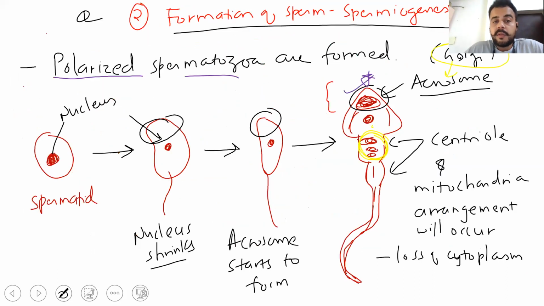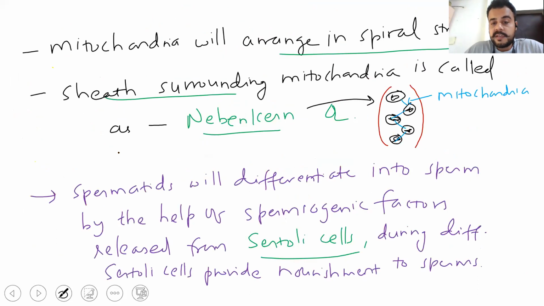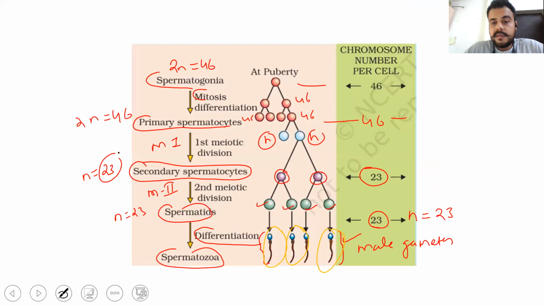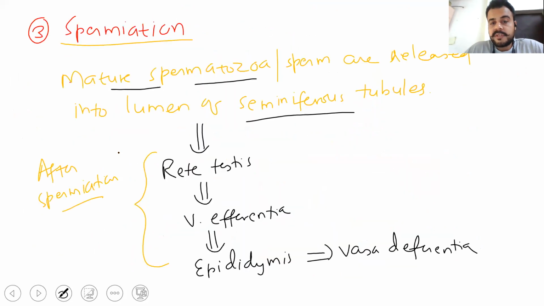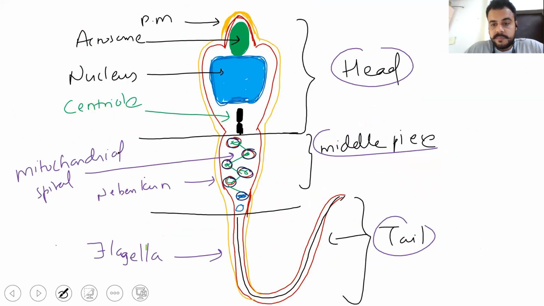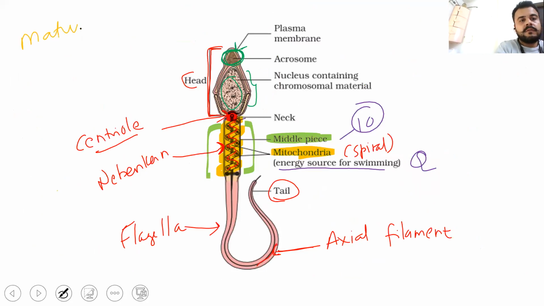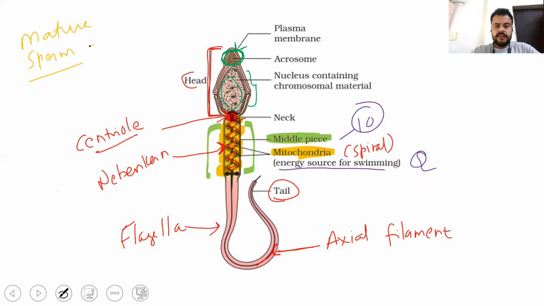Then we have the changes that occur in spermatozoa, which we discussed, and the sperm structure. When the sperms are released, this is what we call the mature sperm. If you have any questions, you are free to ask.